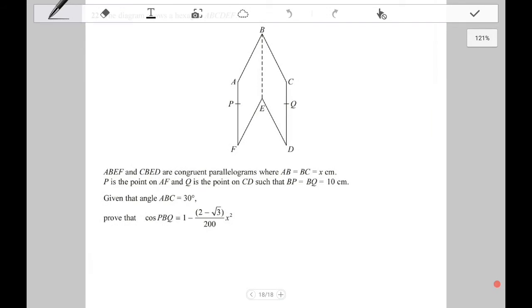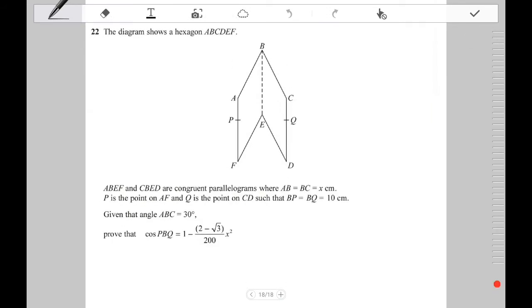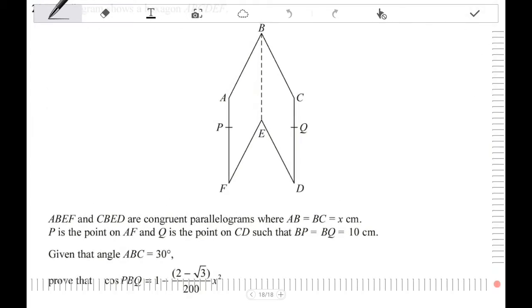Okay. Let's not get intimidated by it. I'm sure it's as simple as possible. So what we're going to do is label this diagram. They've told us that AB is x and BC is x. Point P is on AF.